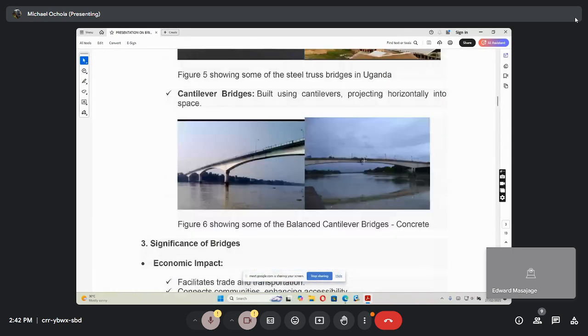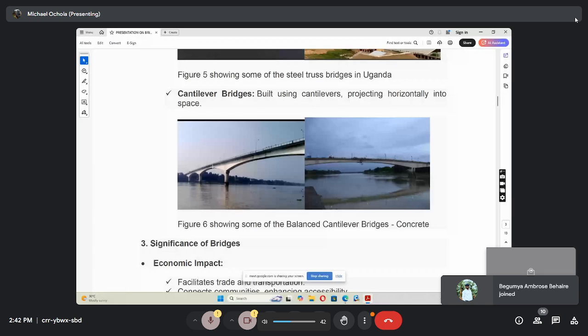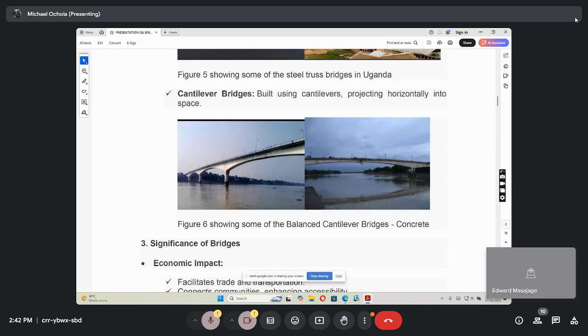So here, what projecting horizontally means is you first build the pier support. I have told you to read the different elements. A bridge is comprised of the deck, the horizontal member, this one here, where traffic uses. Then you come to the support system. That one we call the structure.